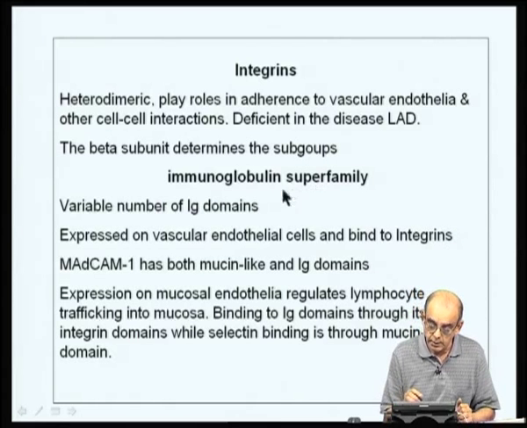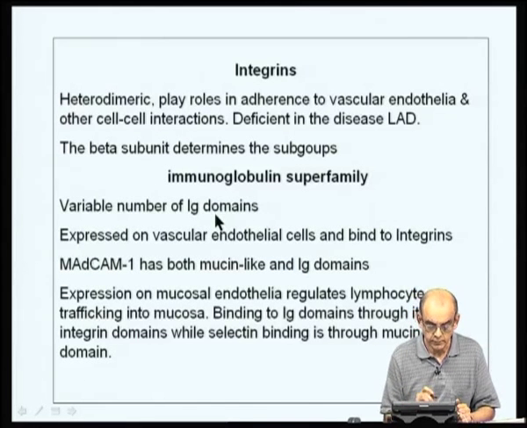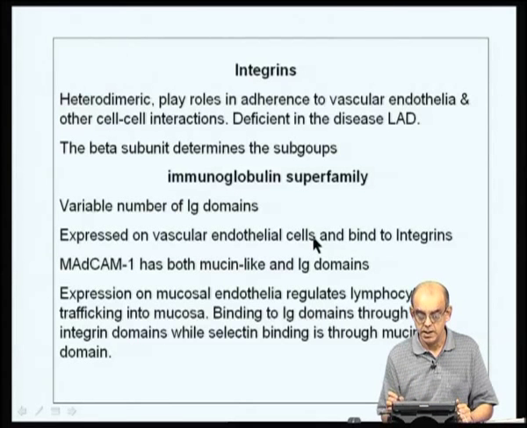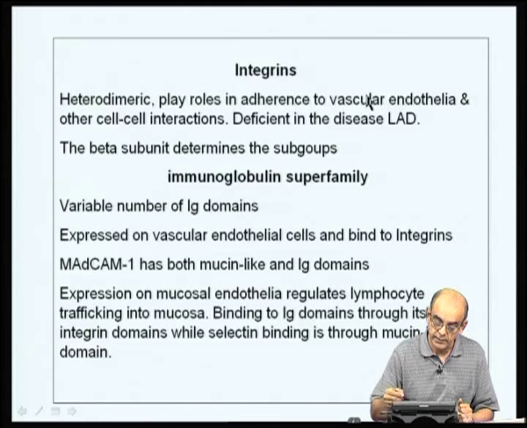Now, you have the immunoglobulin superfamily, as I told you in the last slide. These have a variable number of immunoglobulin domains, and these are expressed on vascular endothelial cells, and they bind to integrins. So, therefore, integrins have the ability to bind these immunoglobulin domains.